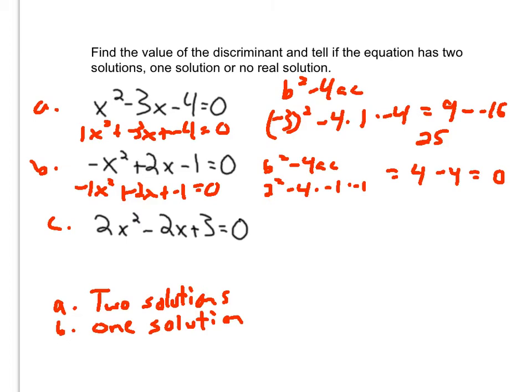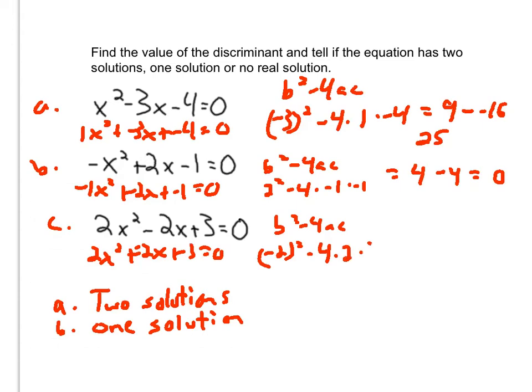And now we'll look at the very last example. Again, ax squared plus bx plus c form. And we're going to plug it in for the discriminant. So b squared, that's negative 2 squared, minus 4 times my a is 2, times my c is 3.